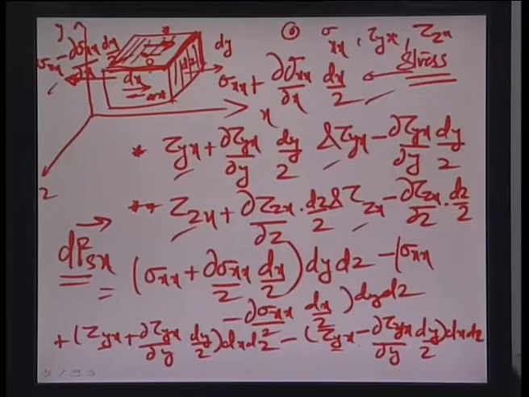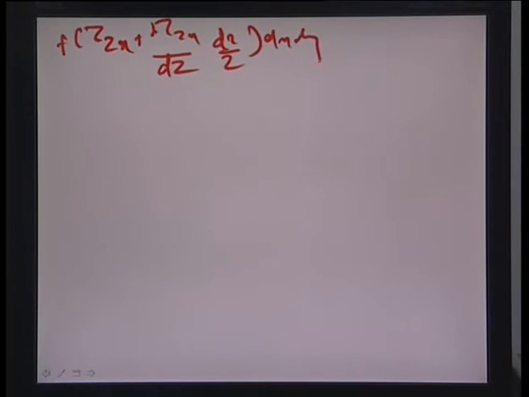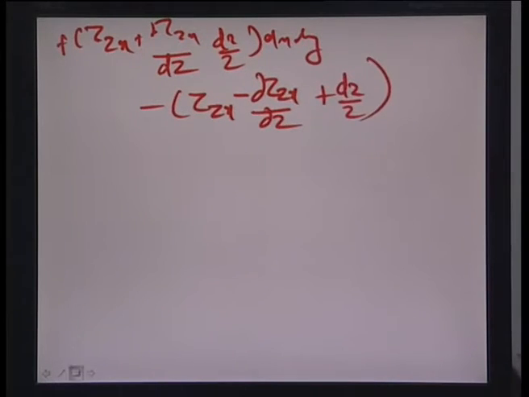So, here you also have a third component, where this tau zx plus del tau zx by del z times dz by 2, times dx dy, minus tau zx minus del tau zx by del z times dz by 2, times dx dy, which is the cross sectional area.